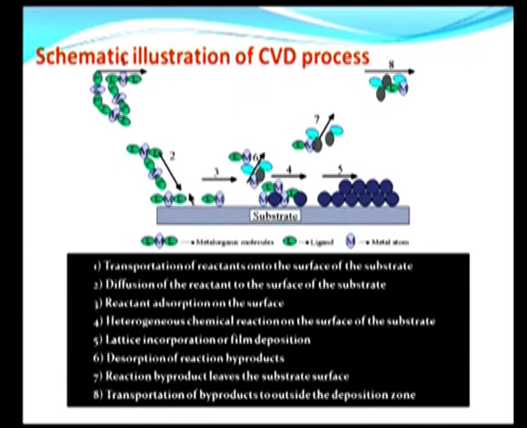One thing to remember in the context of nanomaterials is that this process can be slowed down by controlling the substrate temperature, as long as the substrate temperature is high enough for the reaction to take place.